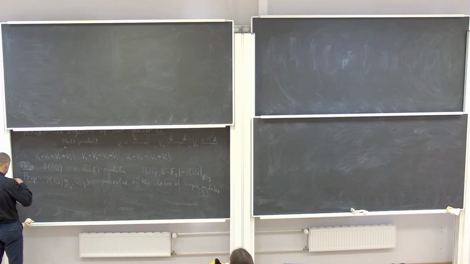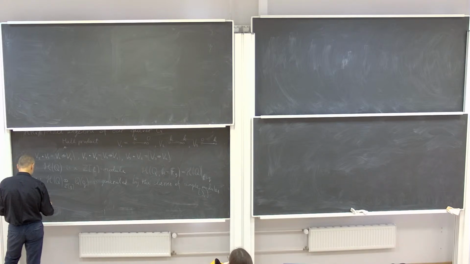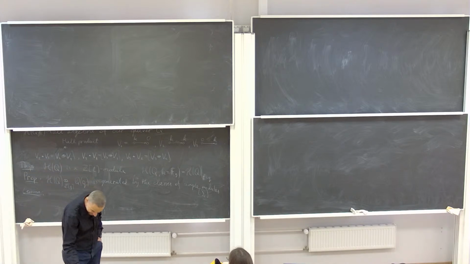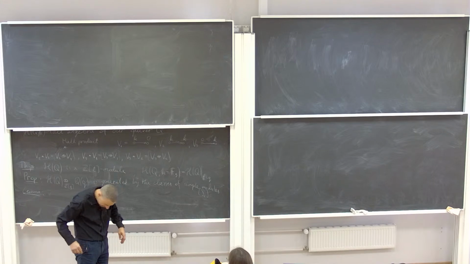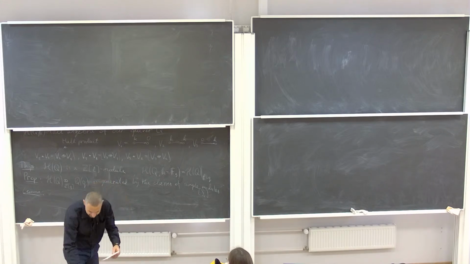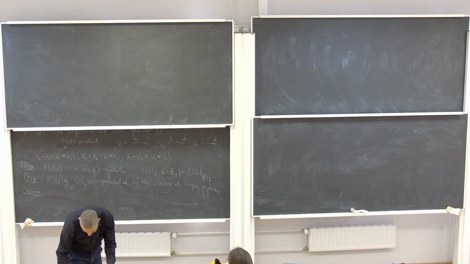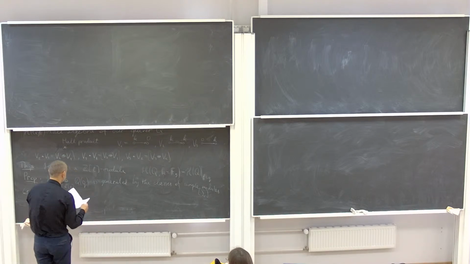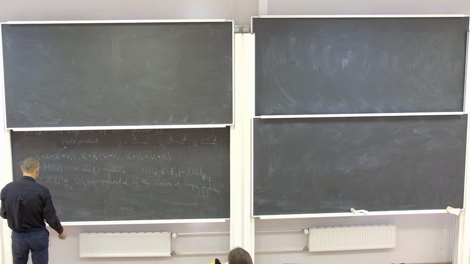So, a lemma. If I have two neighboring vertices, I and J, just the names of vertices, then I will have a certain relation between two simple modules.